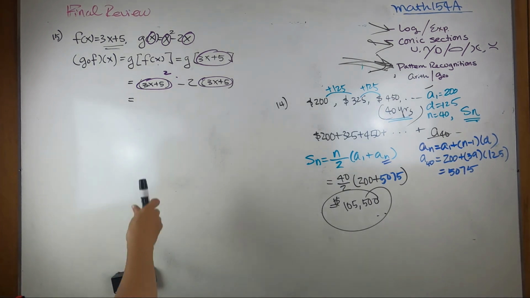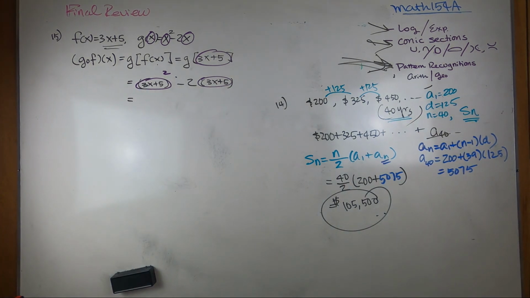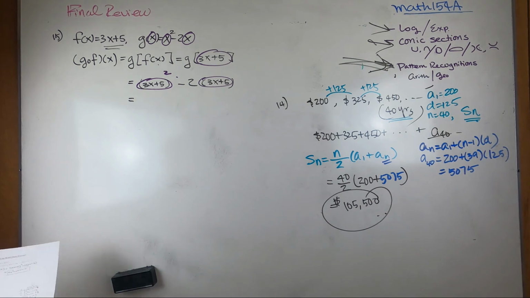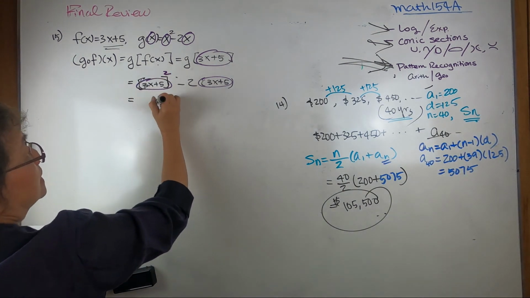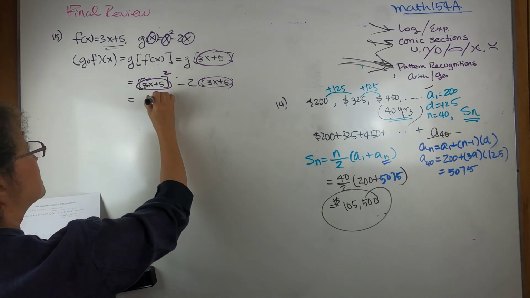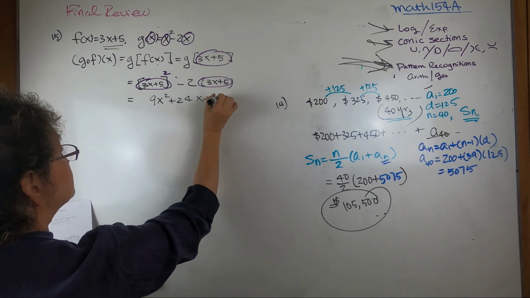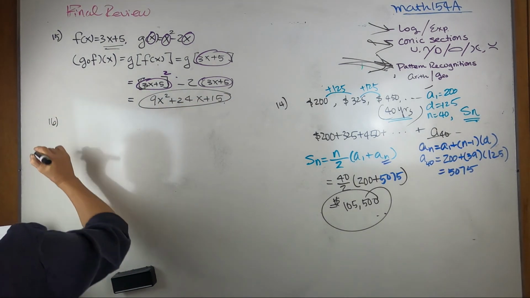You better overcome the difficulties of the composite function you need for your pre-calculus and calculus, okay? Then you need to simplify and combine like terms, okay? Then you should get this. Remember this?